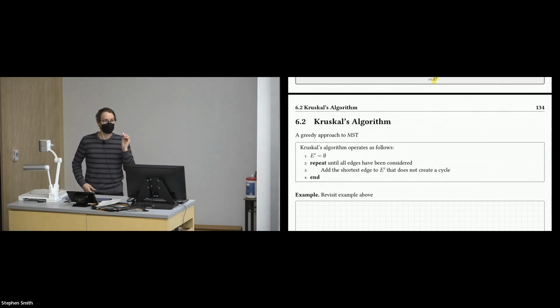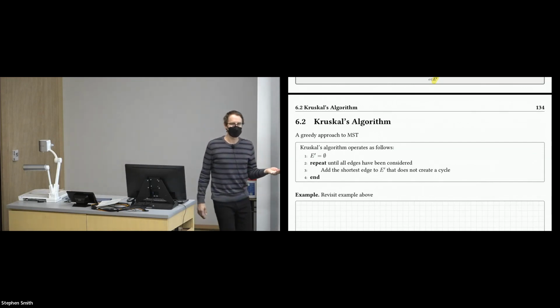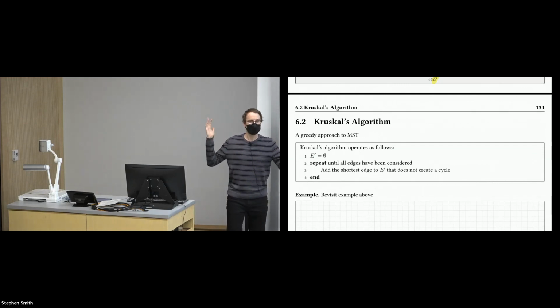So in Kruskal's algorithm, it's greedy. If I wanted to be greedy, what should I do? Just add the shortest edge, right? And then just keep adding the shortest edge. The only problem is I know I have to find a tree, so I shouldn't make a cycle. So that's all Kruskal's algorithm does.